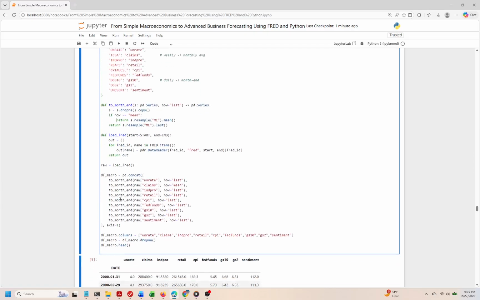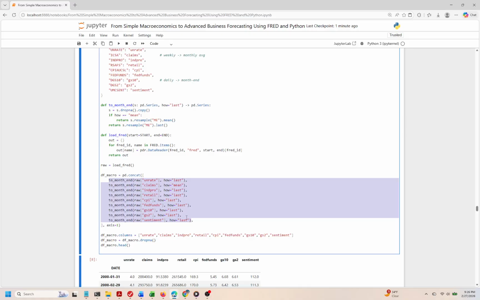Next, a function called loadFred iterates through the identifiers in our dictionary, using the pandas data reader to fetch the desired data for the given date range. Each piece of data is stored in a dictionary, serving as a structured way to keep track of our raw data. After gathering this data, we use pandas concat function to organize these indicators into a cohesive data frame, with each column representing a different economic metric.